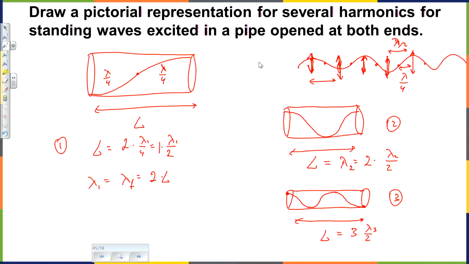And of course, you can use your pattern recognition machine, which is a brain, and see the pattern. For the first mode, we have to fit 1/2 of a wavelength, for the second 2, for the third 3, for the fourth 4, for the nth n.